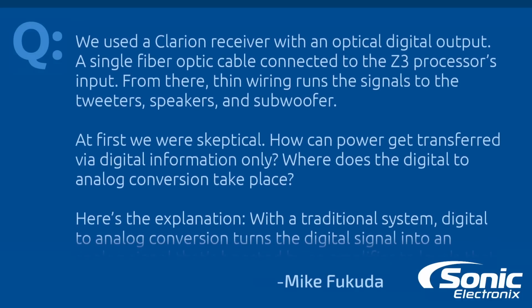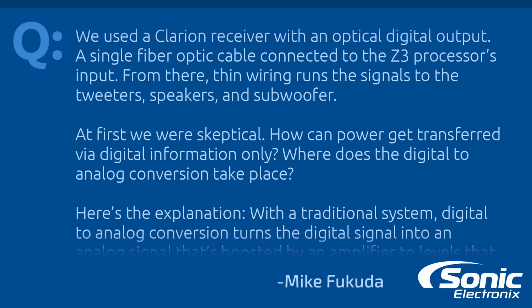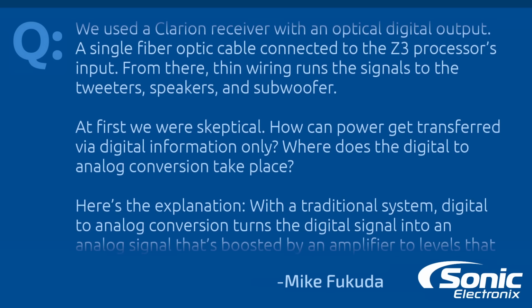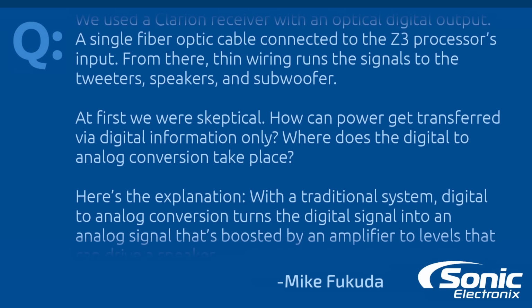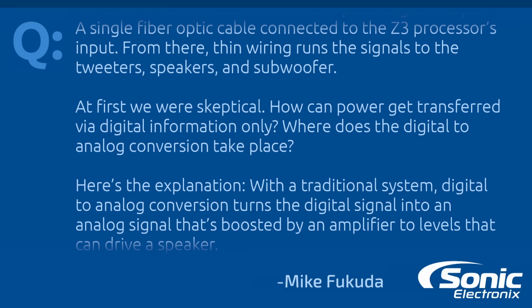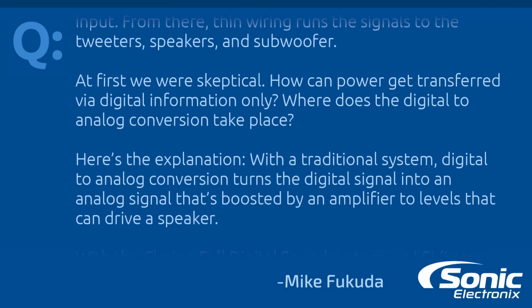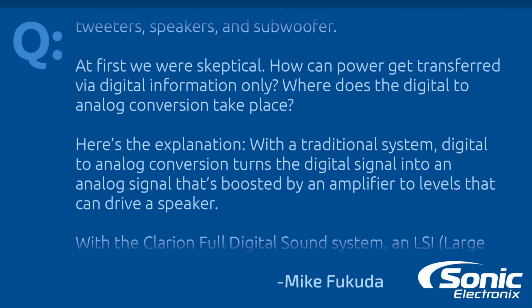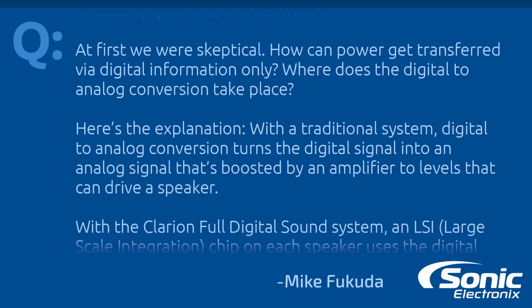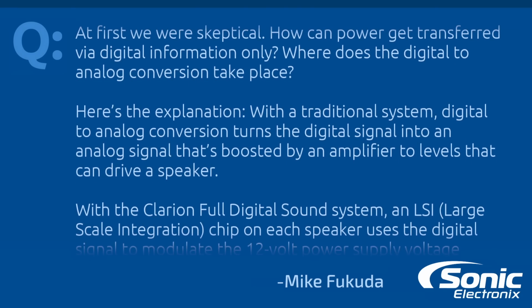At first we were skeptical. How can power be transferred via digital information only? Where does the digital to analog conversion take place? Here's an explanation. With the traditional system, digital to analog conversion turns the digital signal into analog signals that are boosted by an amplifier to levels that can drive a speaker.